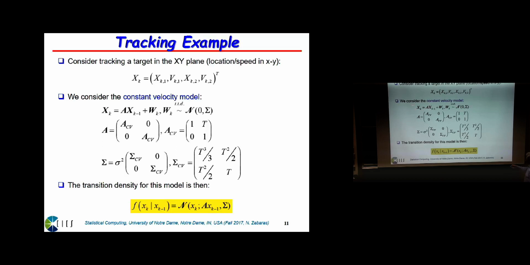Again, the details are not important. This is a tracking example, in this case basically a linear problem because A is a matrix that I'm taking to be constant. And here is the transition law. So the probability of Xk given Xk minus 1 is a Gaussian with mean A Xk minus 1 and a covariance, basically a variance matrix that is defined by the noise sigma.